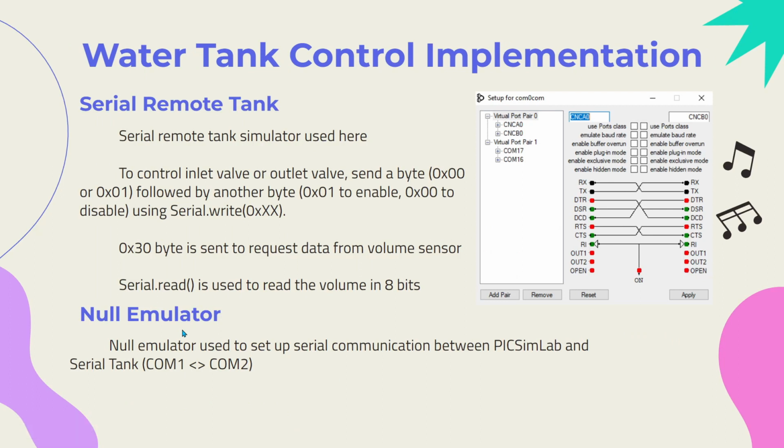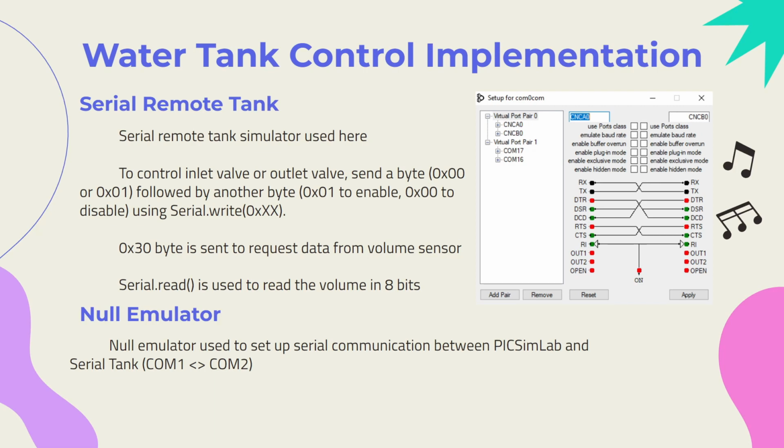Next one is the water tank control implementation. Here we are going to simulate our water tank, which is the serial remote tank. It is also included in the PIXIM lab. The serial remote tank is a simulator used here to control the inlet valve or outlet valve. We need to send a byte 0x00 for the inlet and 0x01 for the outlet, followed by another byte, 0x01 to enable and 0x00 to disable.